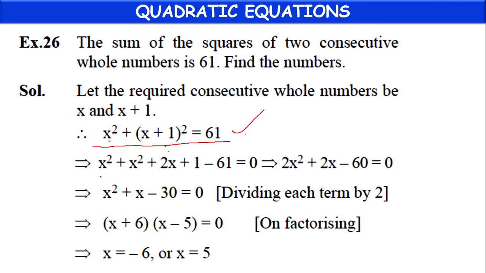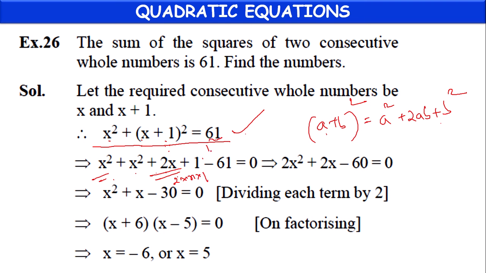x square, let's keep it as it is. (x plus 1) whole square is in the form of (a plus b) whole square, which is equal to a square plus 2ab plus b square. In the place of a we have x square plus 2 into x into 1, equal to 2x, plus 1 square, equal to 1.